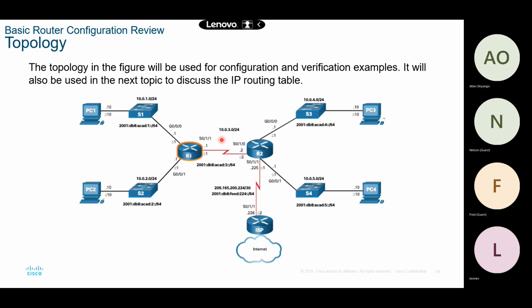Now, once we see that, you can also see that on R2. R2 is directly connected to 4 networks. R2 is connected to R1, R2 is connected to S3 LAN, and R2 is connected to S4. And so those are our directly connected networks of R2.